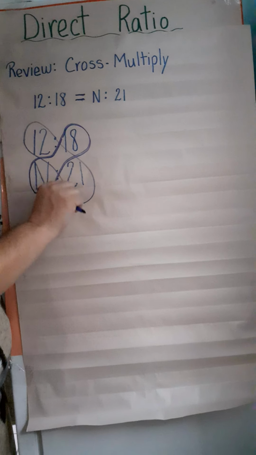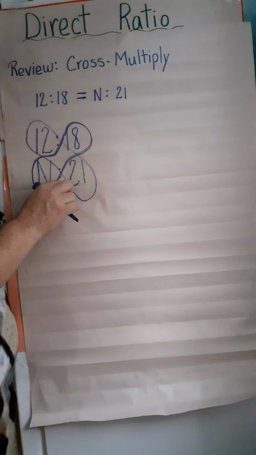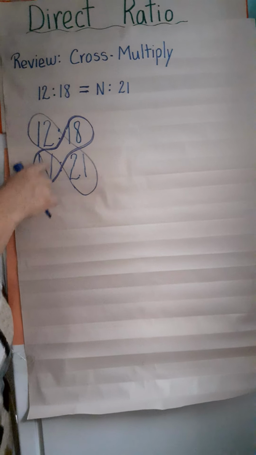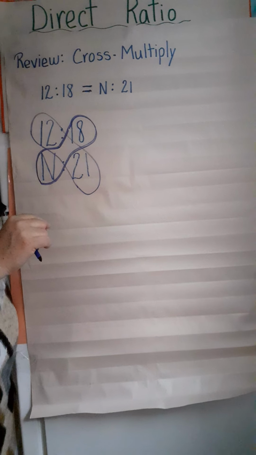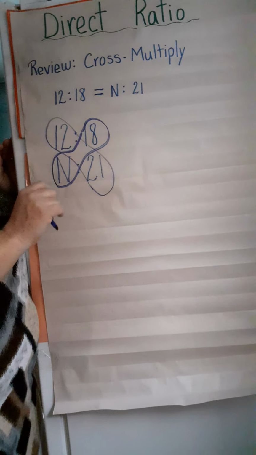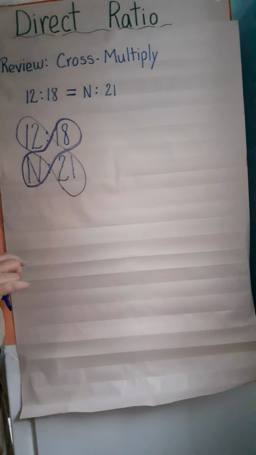And because the X is cross, we call this cross multiply, okay? So instead of thinking about using butterfly wing, we call that cross multiply. So that is the name of the method to find a missing number in a proportion.